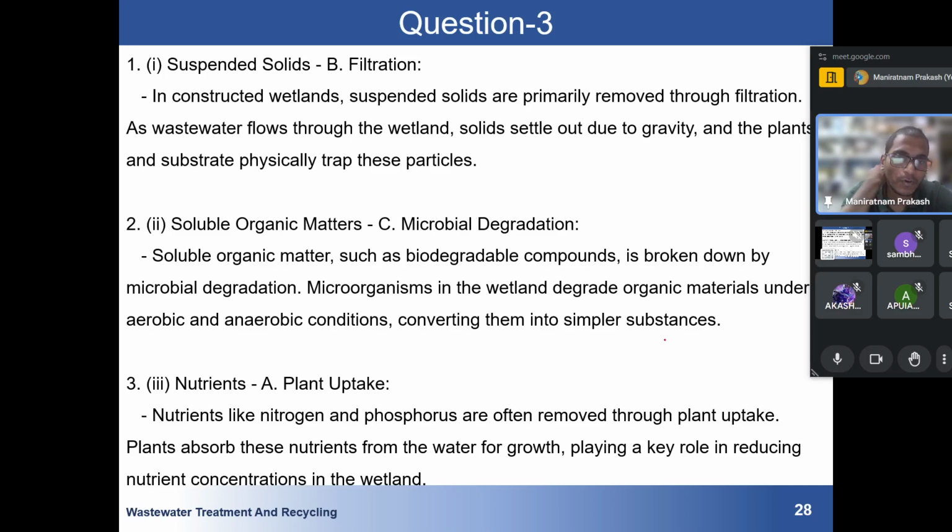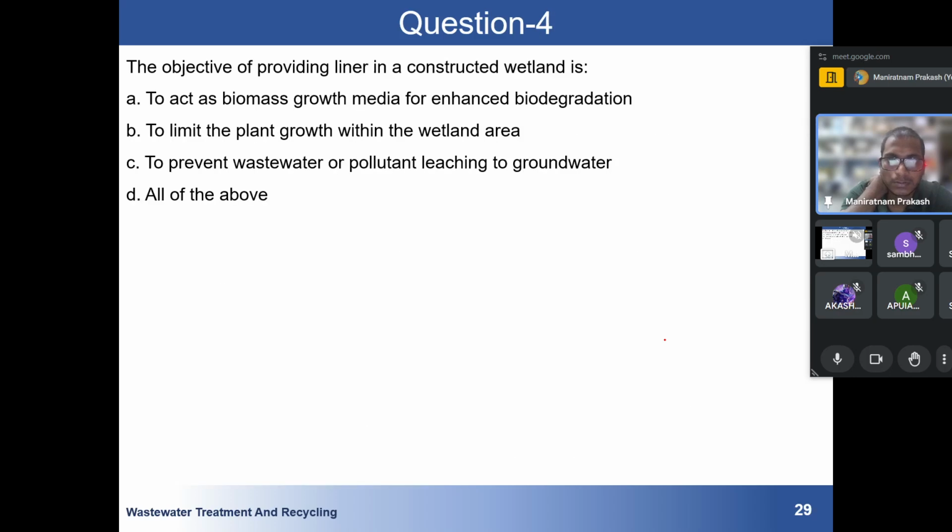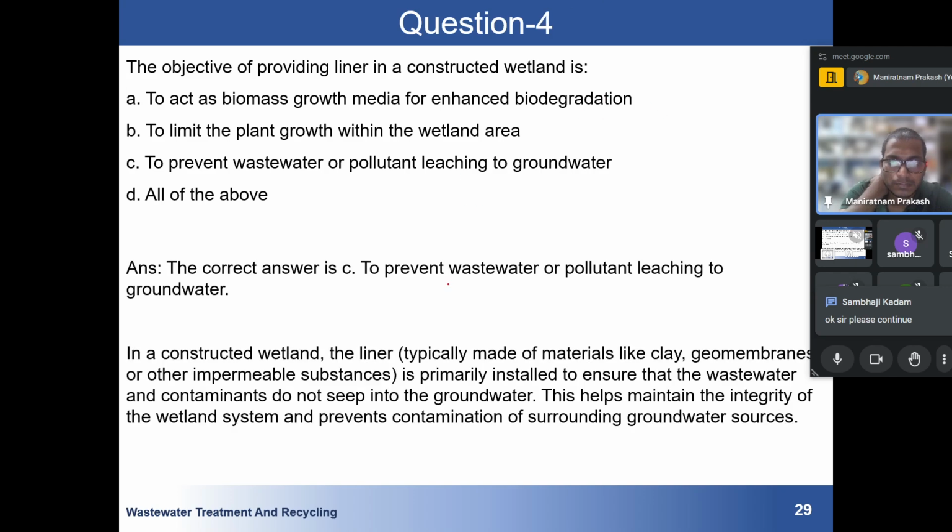Okay, I will be moving forward. The objective of providing a liner in a constructed wetland is... This I have not discussed, but if you have gone through your lectures on the NPTEL portal, you must have seen what this liner is.